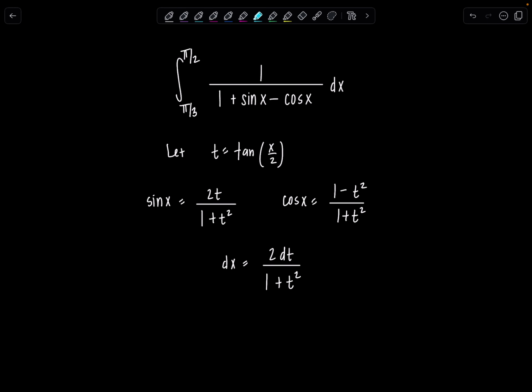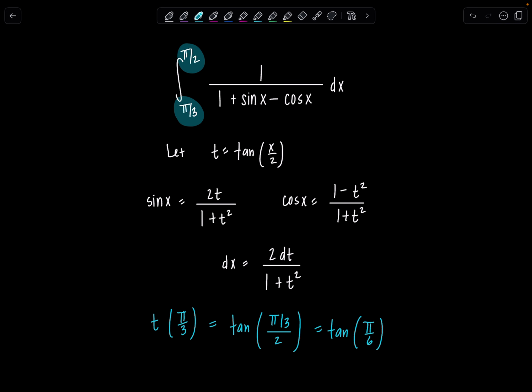The other thing we also need to do is change our limits of integration because these limits belong to x, and we need limits in terms of t. So I'm going to take t of pi over 3, namely take tangent of pi over 3 divided by 2. That's tangent of pi over 6, which is 1 over rad 3.